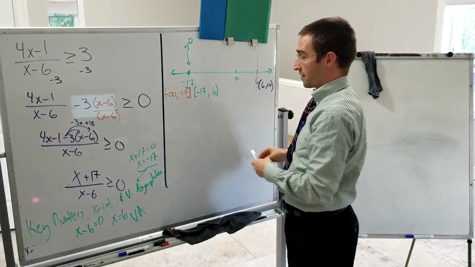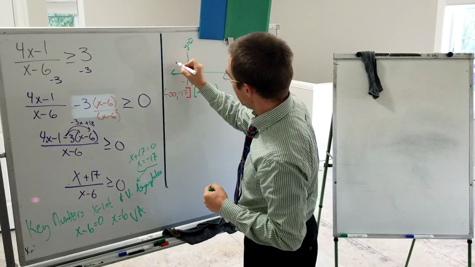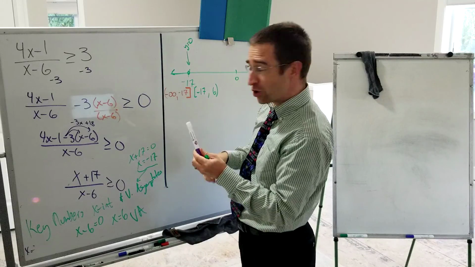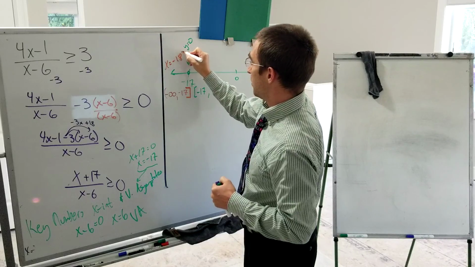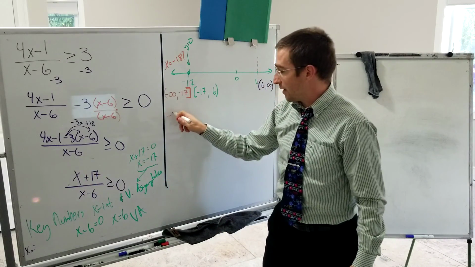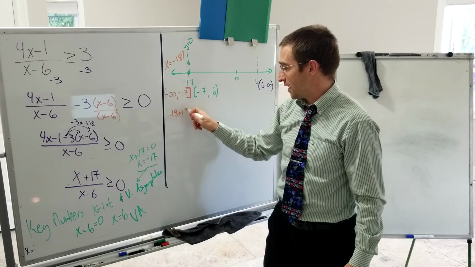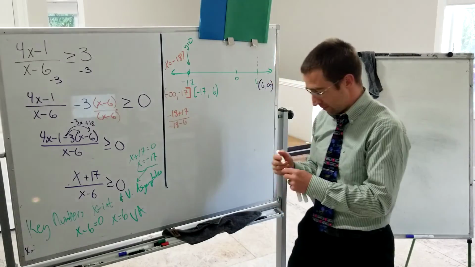So we got these 3 spaces. So let's try negative 18. So here, I go orange, x equals negative 18. Positive or negative? So I go to this, we've got negative 18 plus 17 over negative 18 minus 6.